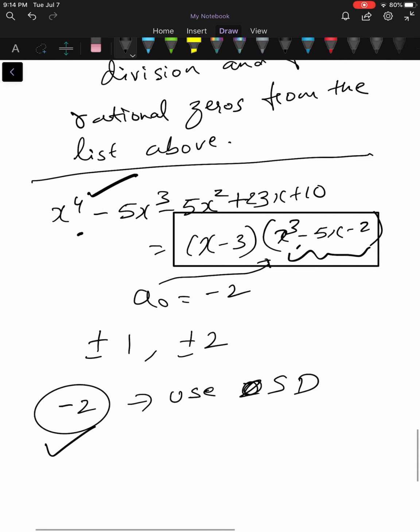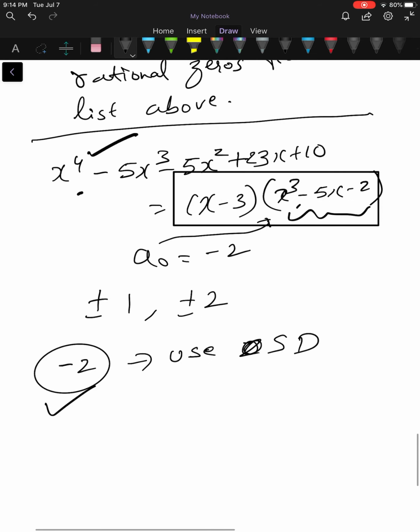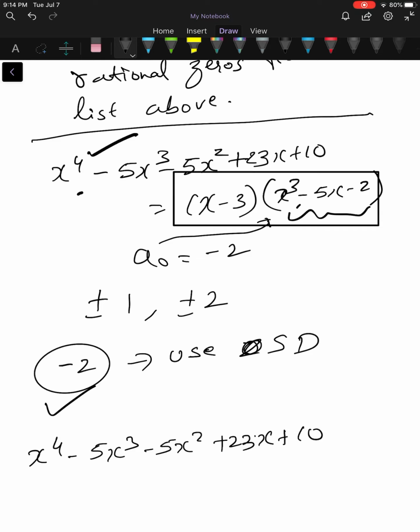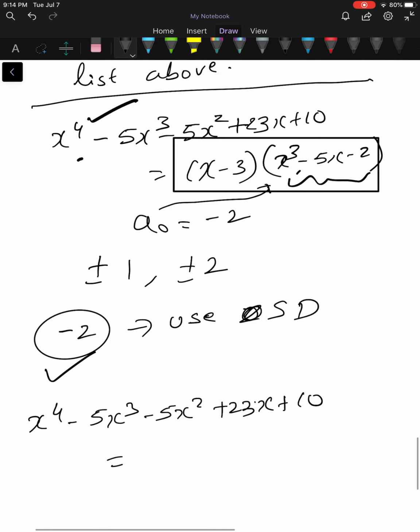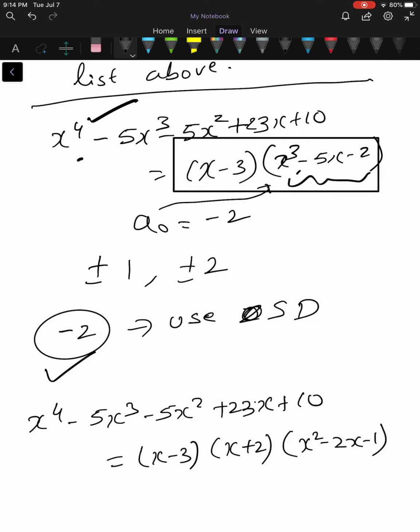So then again, upon factorization, what do you get? x to the power of 4 minus 5x cube minus 5x square plus 23x plus 10 would give us x minus 3 times x plus 2 times x square minus 2x minus 1.